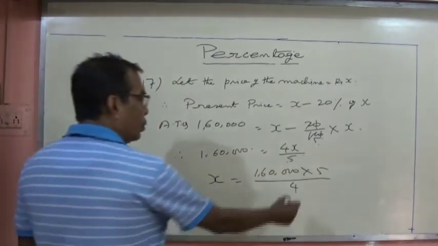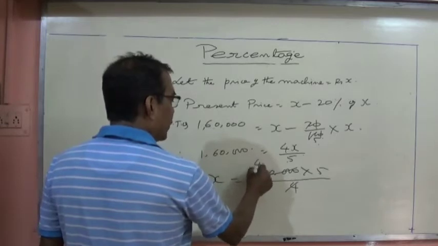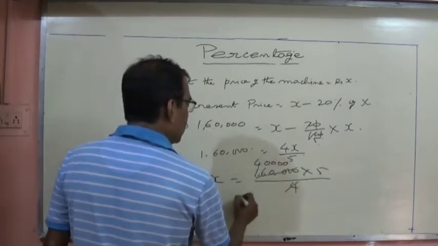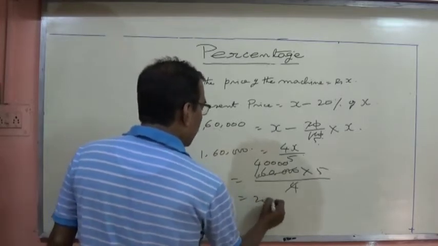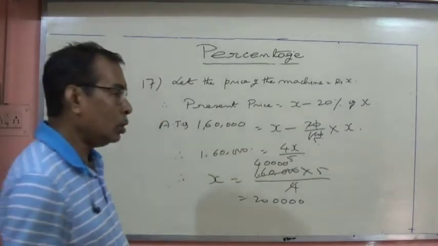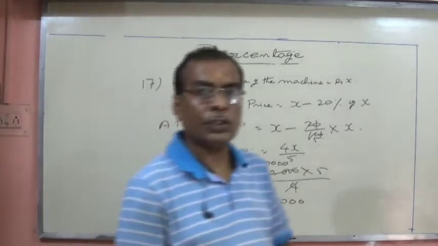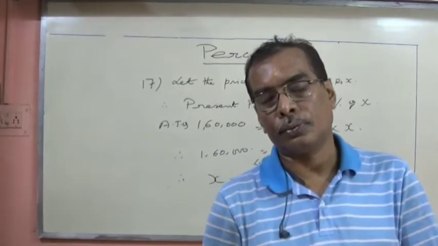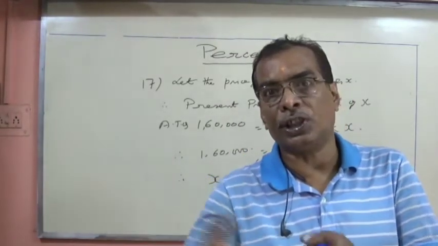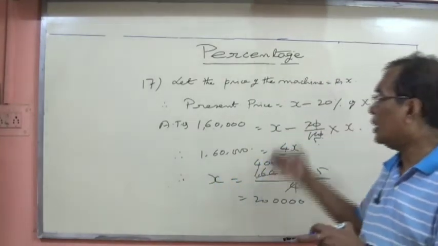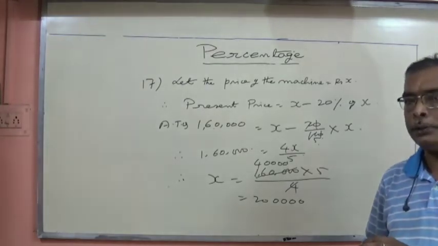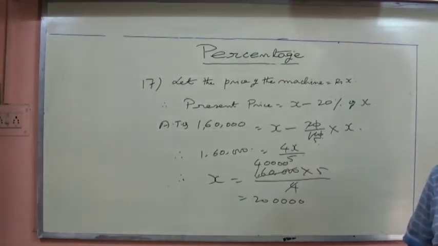Now with 4 it will cancel. 4 4s are 16 followed by 4 zeros, which is equal to 4 5s are 20 followed by 4 zeros more. So how much was the cost of the machine? 2 lakhs. 2 lakhs becomes 1,60,000 because every year it is depreciating 20%. Right? So this is the thing. Sometimes you people are doing this way.